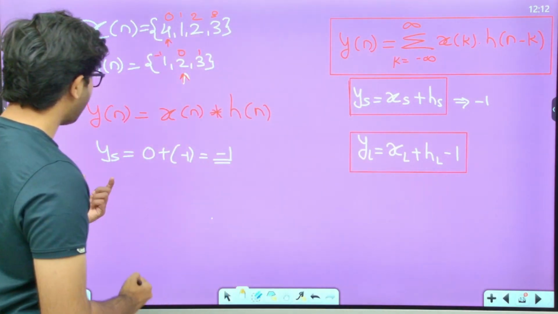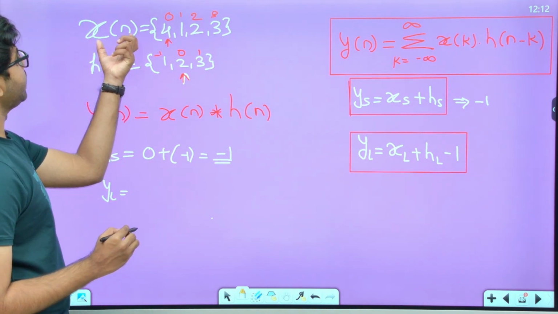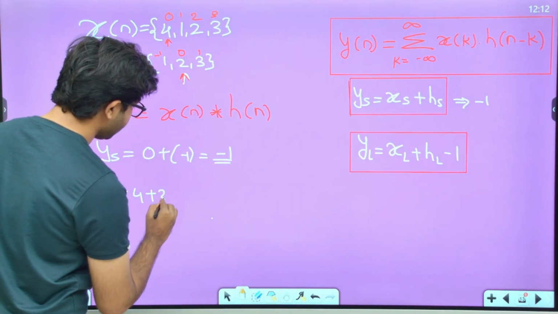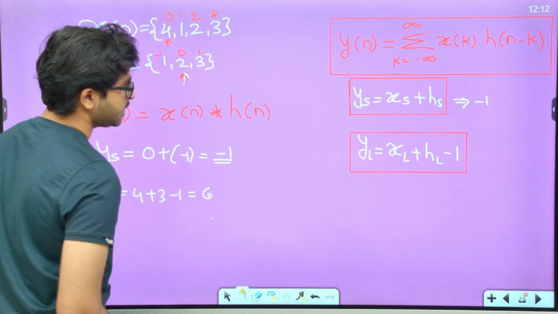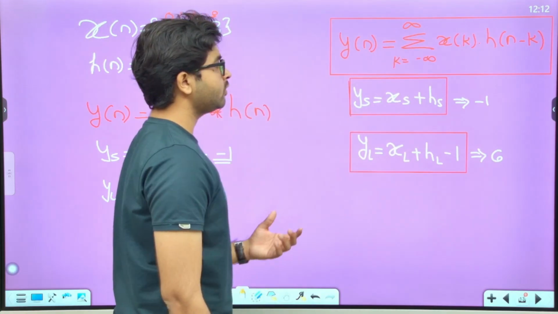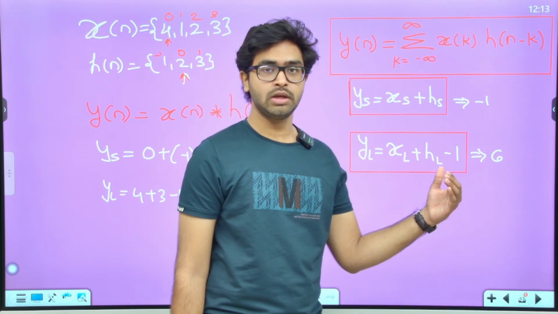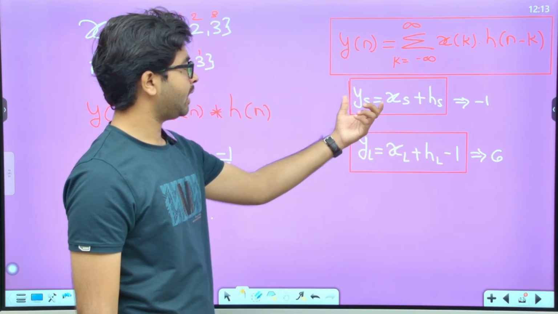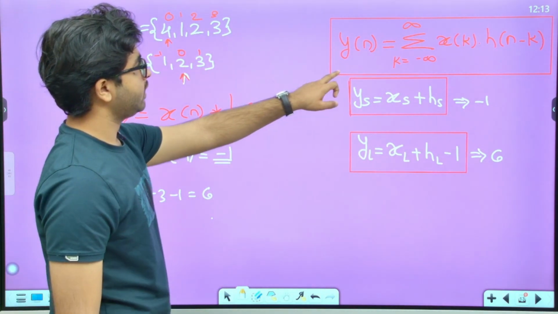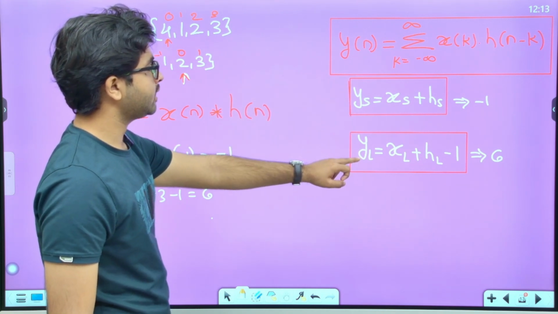In this case, y of L equals length of x, which is 4, plus length of h, which is 3, minus 1, so this will be 6. The length of this sequence will be 6, meaning starting from minus 1 we continue through minus 1, 0, 1, 2, 3, and 4. So these are the main parts: the formula of y of n, where the convolution sequence y of s starts, and what its length will be.